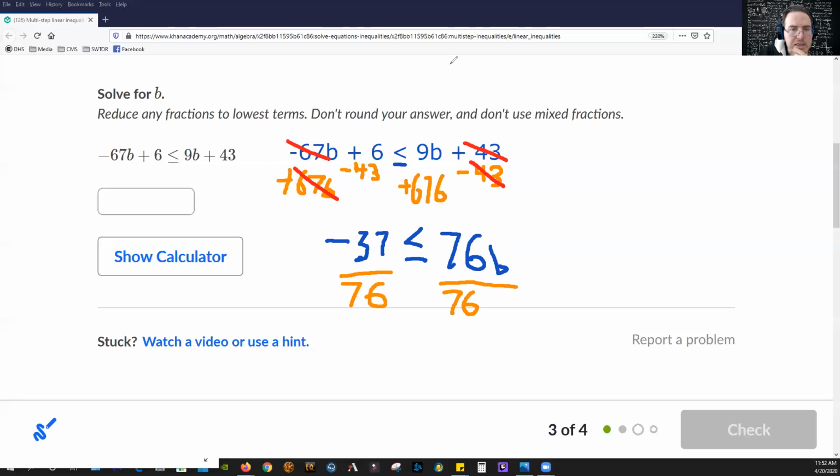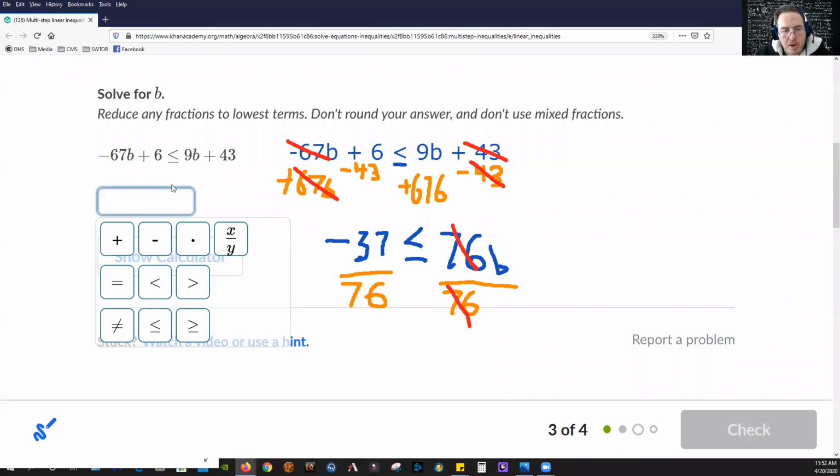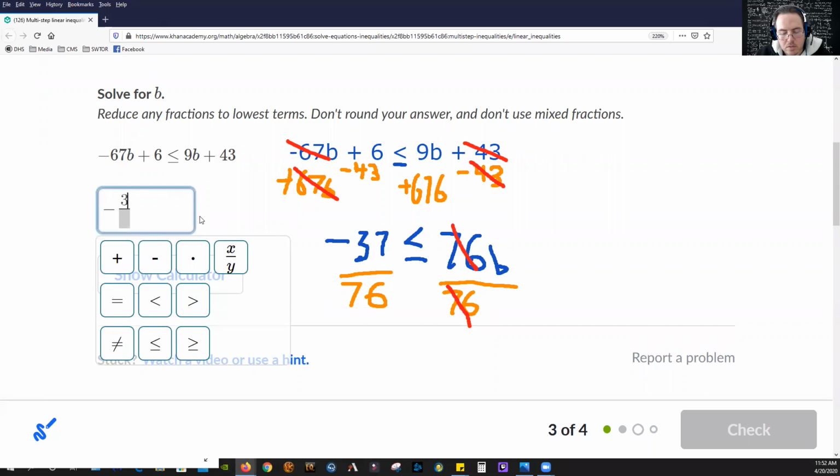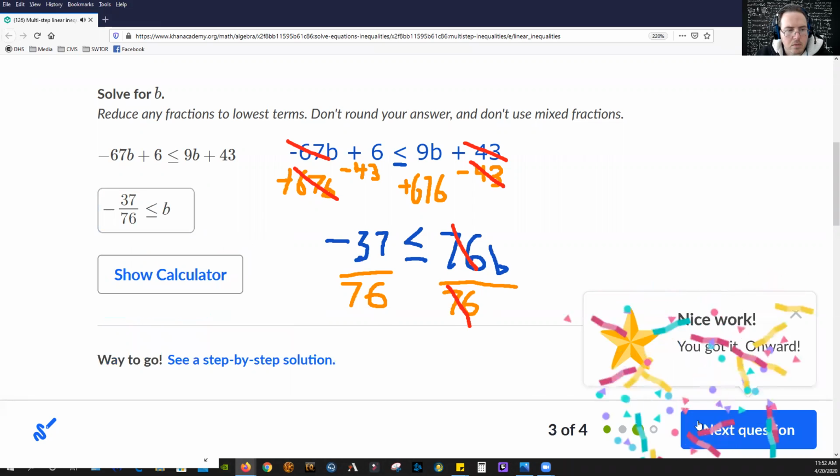So since 76 divided by 76 is equal to 1, apparently negative 37 over 76 is less than or equal to b. Okay.